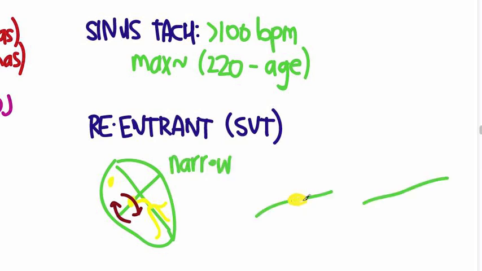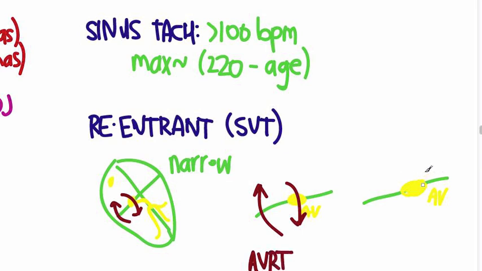So here's the SA node. The AV node. So with one kind, one path comes through the AV node and the other path goes outside the AV node. So one path is through the AV node, and this is what we call an AVRT, AV reentrant tachycardia.